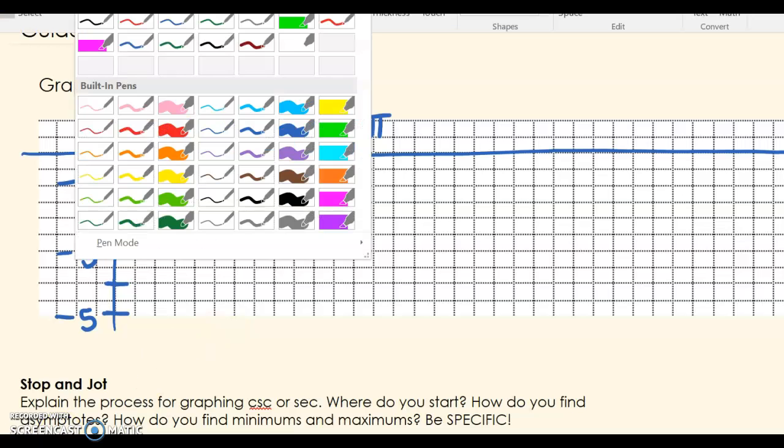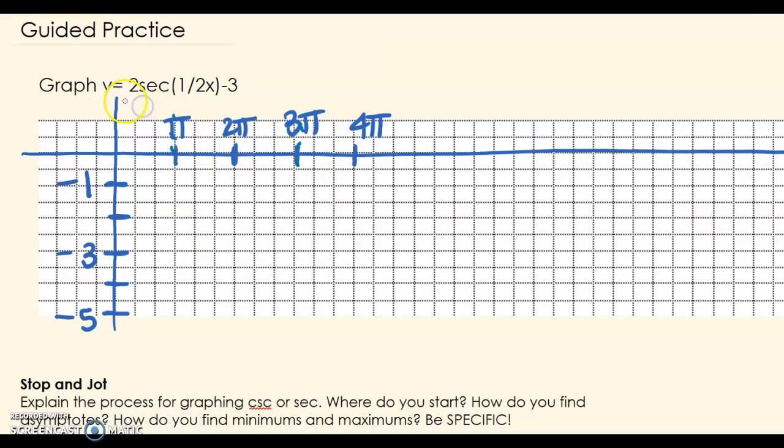Okay, so if we're trying to draw our graph y equals 2 times secant of 1/2 x minus 3, I know that I'm going to start with 2 times cosine of 1/2 x minus 3 and go from there. Okay, so my cosine function has been moved down 3, so at negative 3 here, that's where I'm going to have my midline.